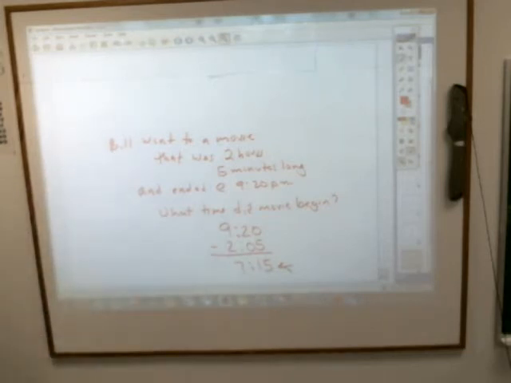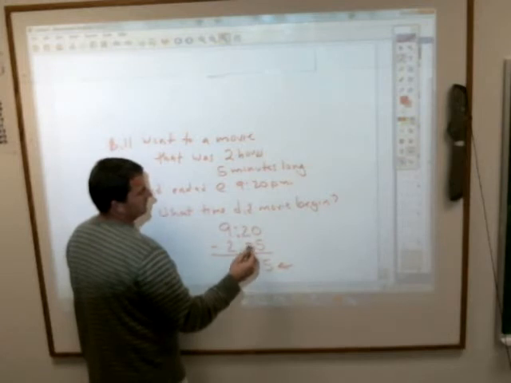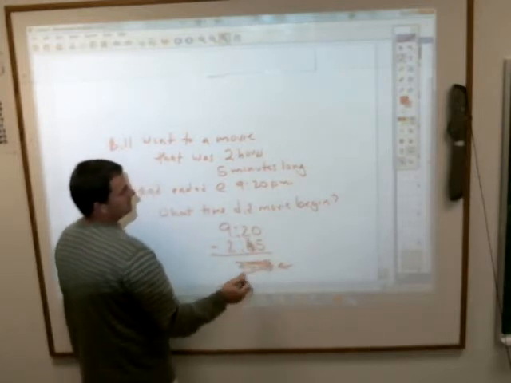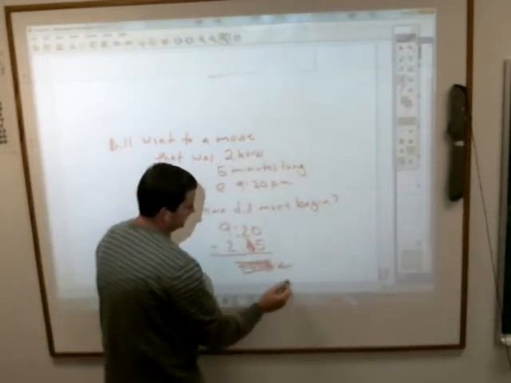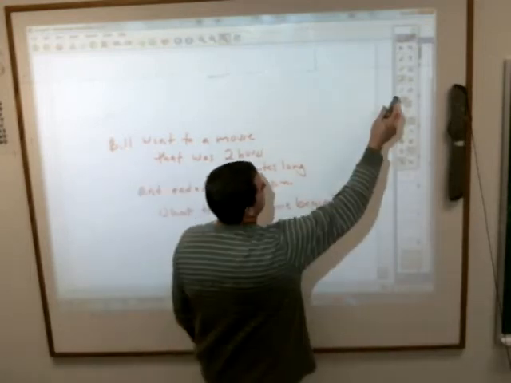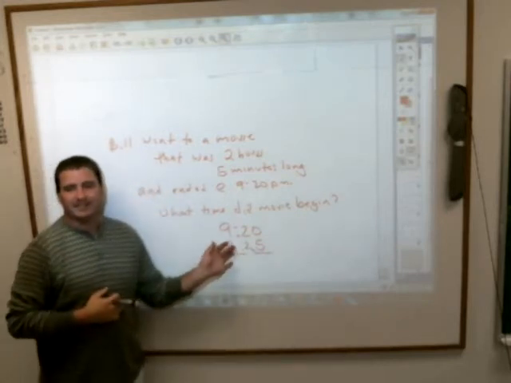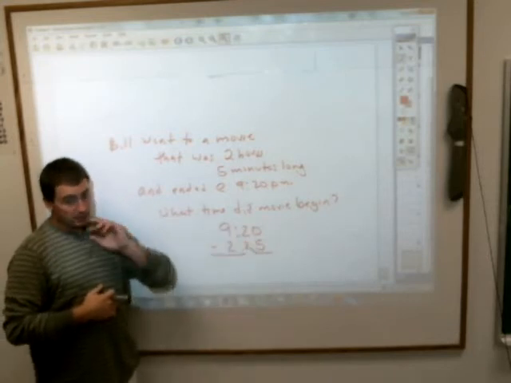But the one thing you have to be careful with is this: what if the movie was 2 hours, 25 minutes long? If you're doing that subtraction problem, anybody know what you have to be careful with here? I can't take 25 minutes away from 20 minutes.